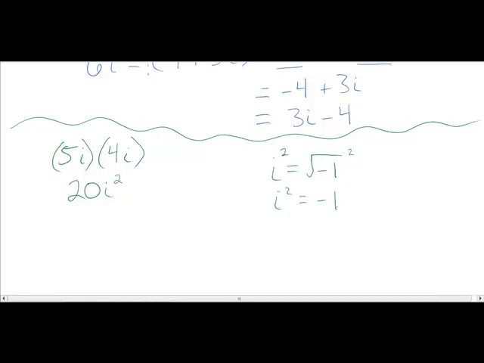So what we really have here is 20 times negative 1, or negative 20. Okay, so when you're multiplying with these complex numbers, anytime you have an i squared, that's actually going to become a negative 1. It's going to change the sign of your answer. And that's where some of these interesting answers come from.